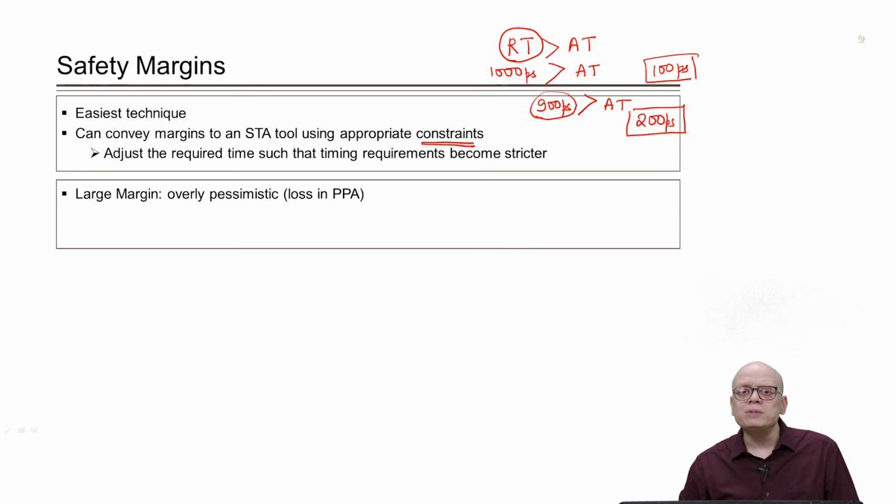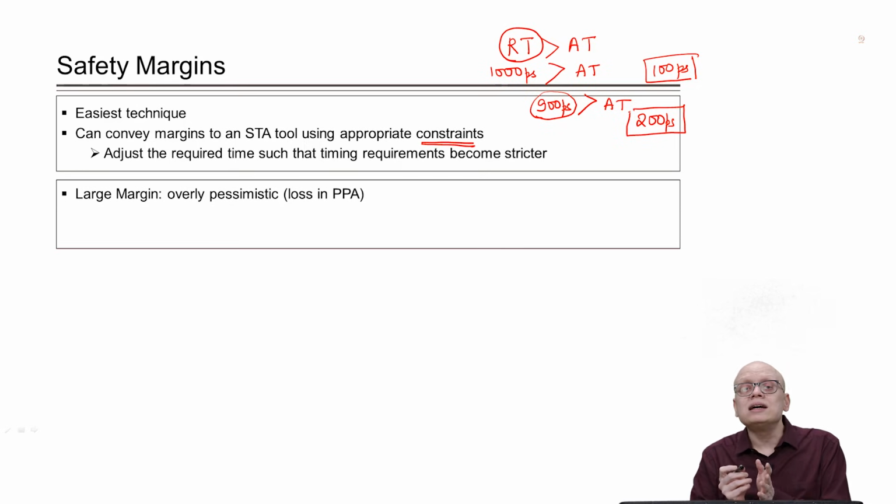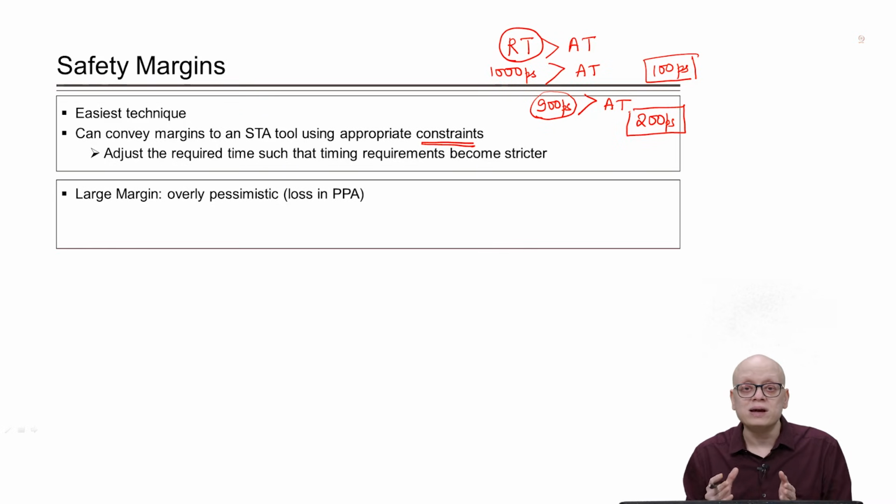The problem will be that there can be some loss in PPA. Why? Because to maintain a tighter timing requirement, we may need to change the implementation. For example, we might need to use larger NAND gates, inverters or logic cells in our design to meet the stricter timing requirement that comes after adding the safety margin.